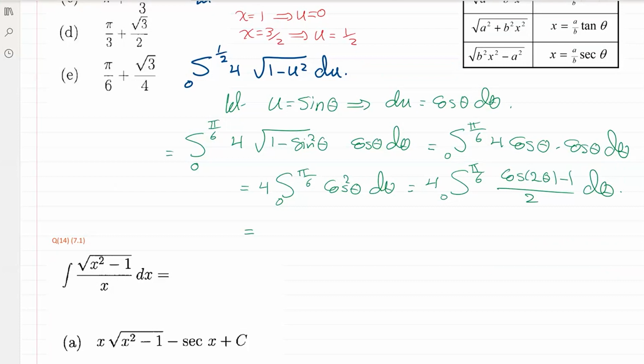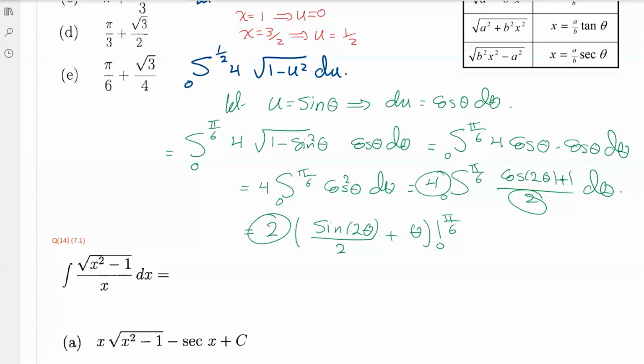And this is 2 outside. Plus, exactly. And the integral of cosine will be sine of 2 theta over 2 plus theta, from 0 to pi over 6. Of course 4 over 2 is already 2, I simplified.